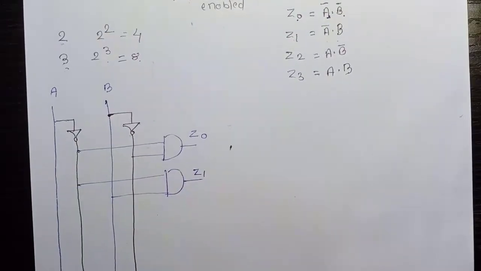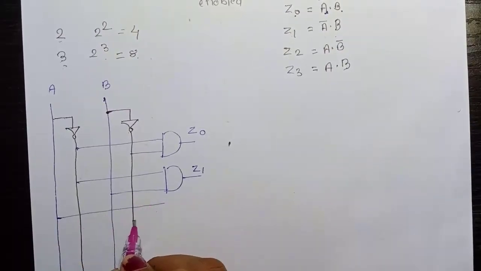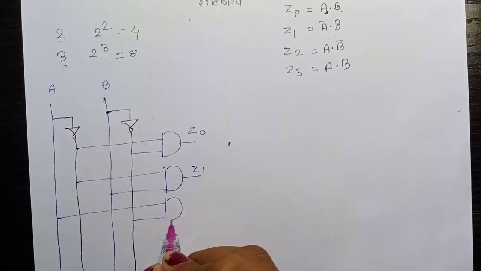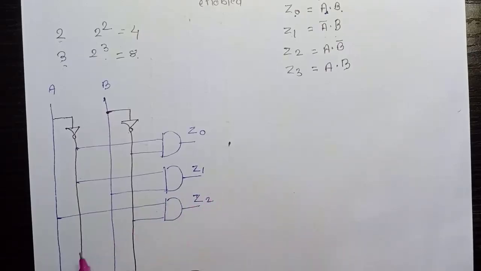Now Z2, A into B bar. So this is A into B bar, Z2, and Z3 is A into B. So this is A and this is B. A into B is your Z3.